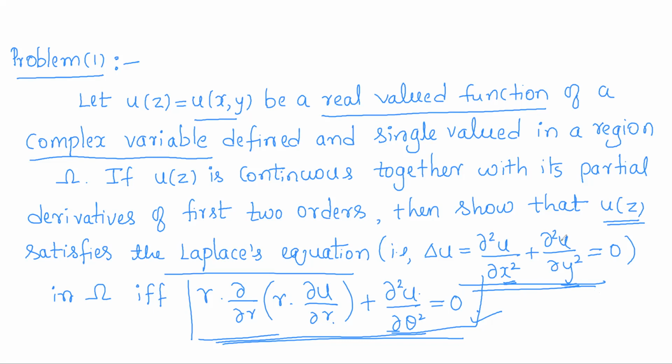So the Laplace equation will be precisely in Cartesian coordinates. Now, this Laplace equation condition is equivalent to the condition r ∂/∂r of (r ∂u/∂r) plus ∂²u/∂θ², where you can observe the variables are r and theta. Hence, by this problem, we can conclude that this is the Laplace equation in Cartesian coordinates, which will be equivalent to this condition.